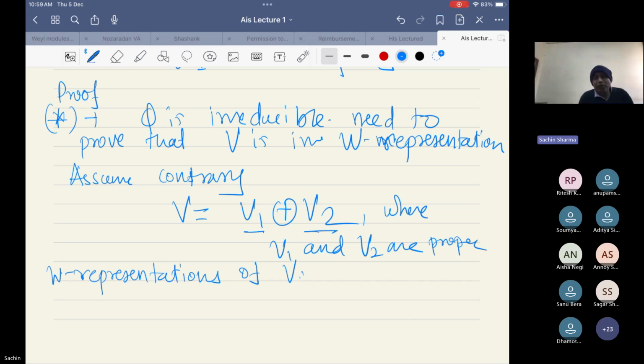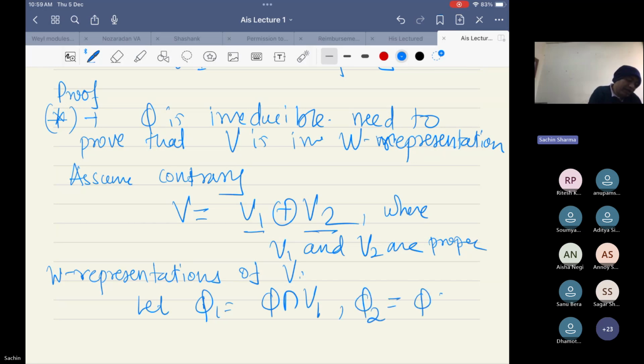Now what you need to show is that you just can't have those things. So let phi 1 be phi intersection V1 and phi 2 be phi intersection V2.